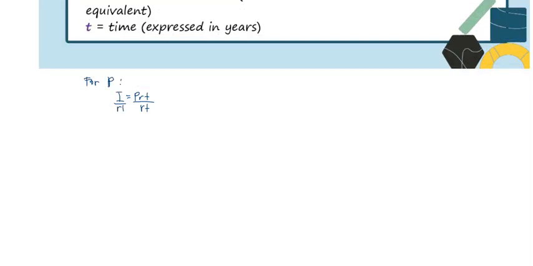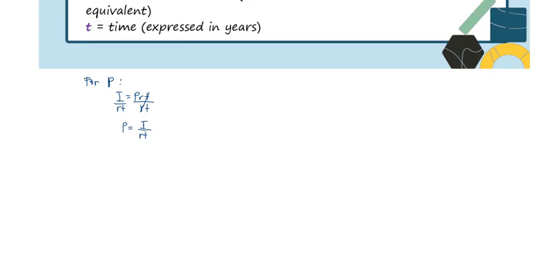And then if we wanna find for the principal or the P, we could just divide the equation with RT on both sides. And then as you can see, ma-isolate natin si P, therefore telling us that we could find yung ating principal by using the formula na P is equal to I divided by RT.